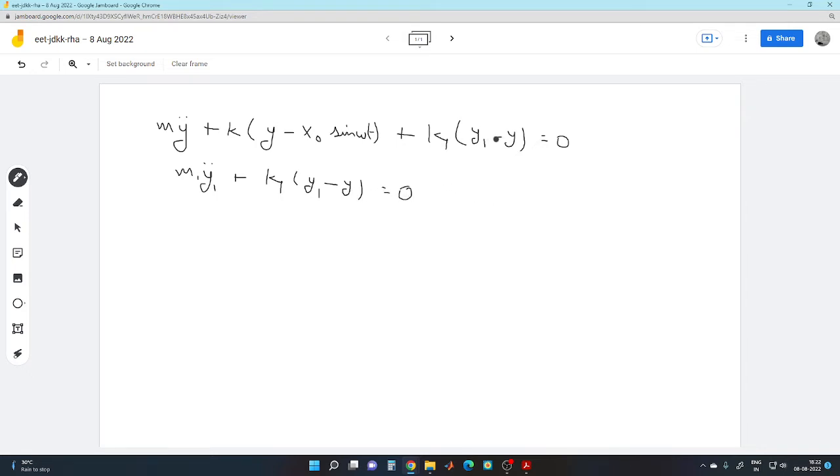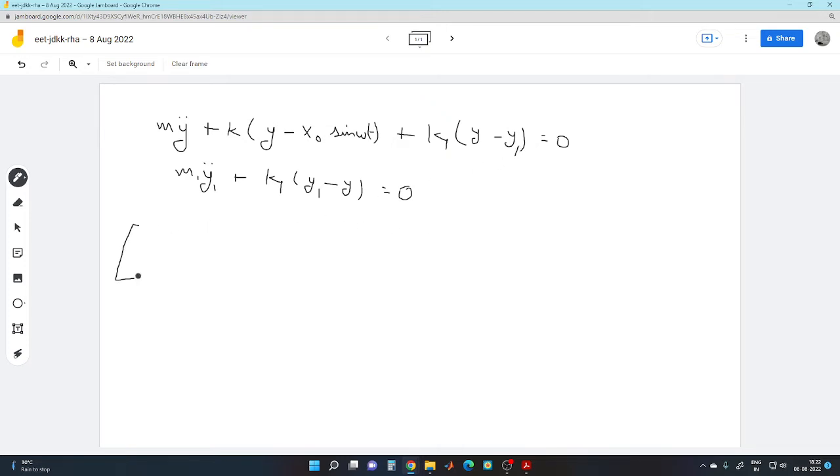There is a mistake in this equation. Can anybody point out which mistake this is? I think y minus y1. Yeah, exactly. So it will be y minus y1 in the above equation.